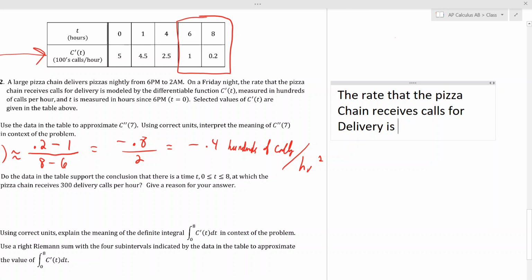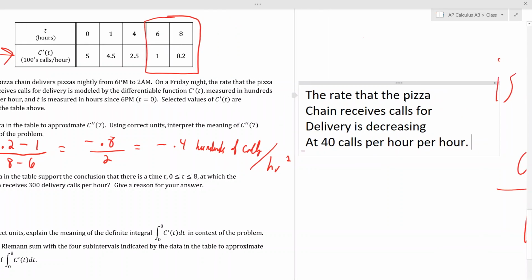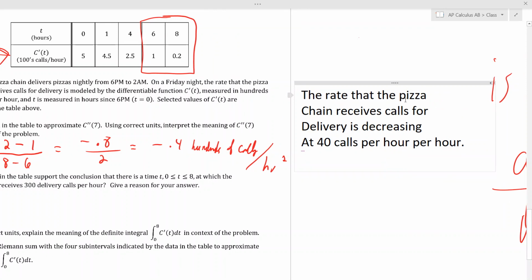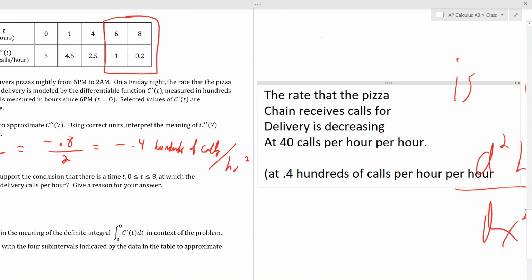And then you say it's increasing or decreasing. So it's decreasing because the derivative of it was negative. You can say negative 0.4, but that also means 40 calls per hour. You can also phrase that as decreasing at 0.4 hundreds of calls per hour squared.